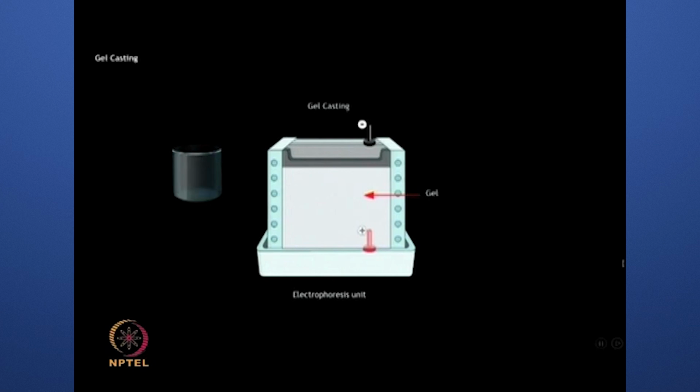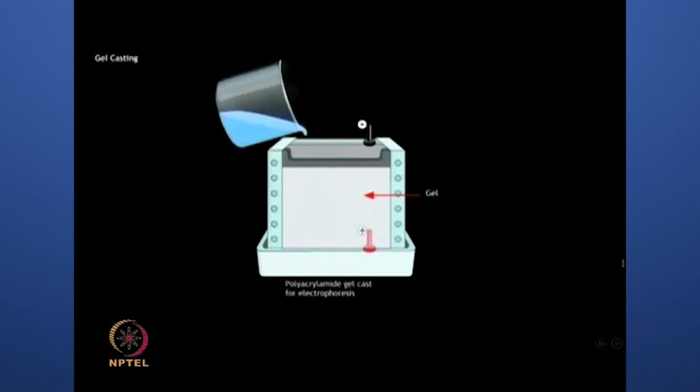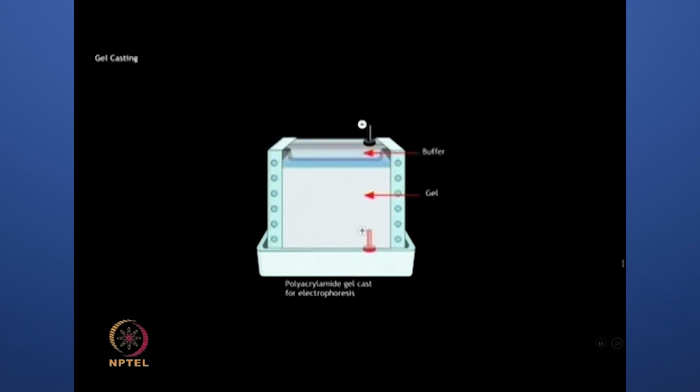The gel is prepared by free radical induced polymerization of acrylamide and bisacrylamide in a suitable buffer. Ammonium persulfate and TEMED are added to facilitate the generation of free radicals and cross linking.